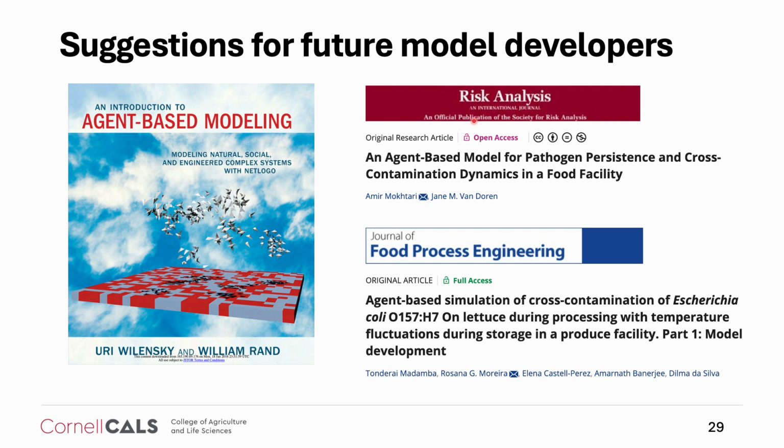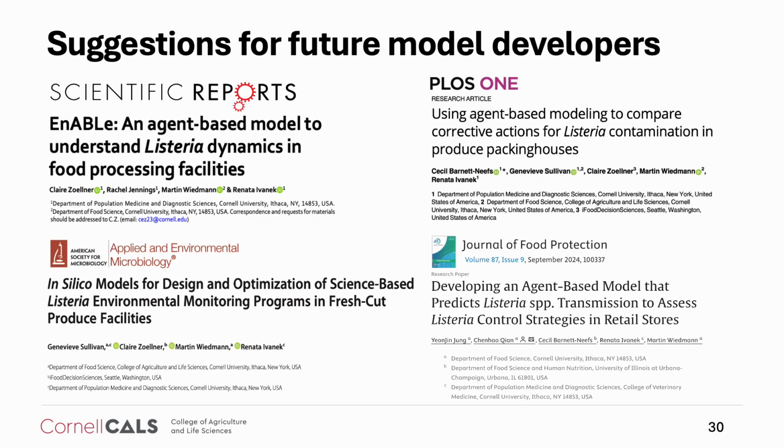This particular paper also uses an agent-based model framework and developed a model using R, which would also provide an insight on ABM that was not developed on NetLogo. I would also like to highlight the series of papers that developed ABM to simulate Listeria level in different parts of the produce supply chain, all the way from fresh-cut produce facility to the produce section of the retail store, which we used the results of to explain the statistical analysis in this lecture.